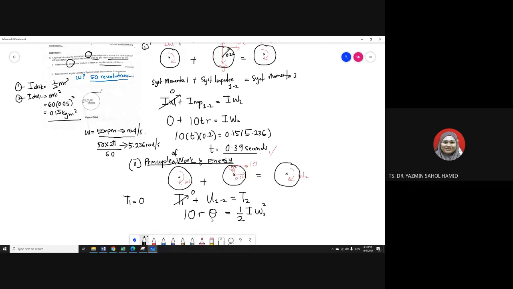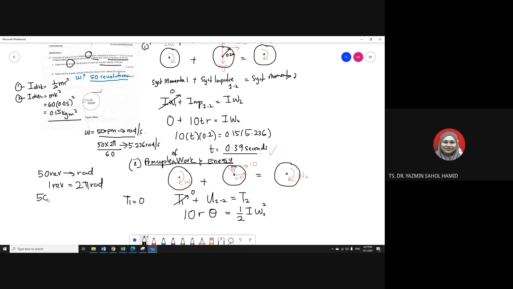Right now, do we have theta? We have theta, but we need to change it into radian. Right now it is 50 revolutions. So how do you change 50 revolutions to radian? One revolution is how many pi? 2 pi radian.